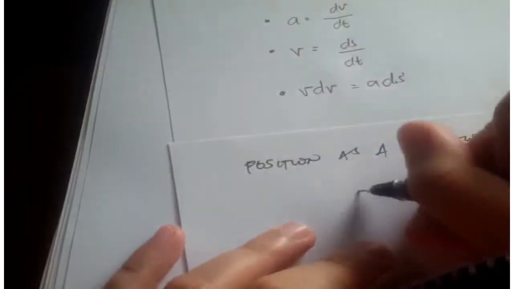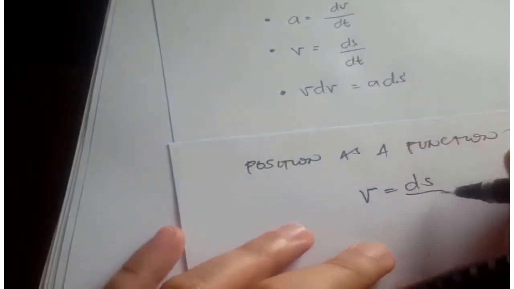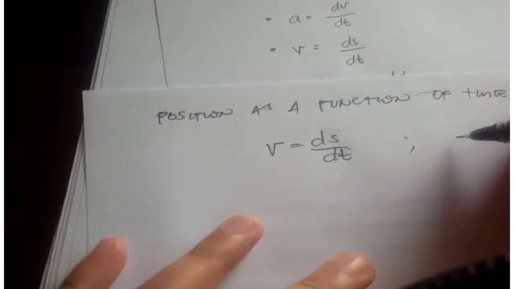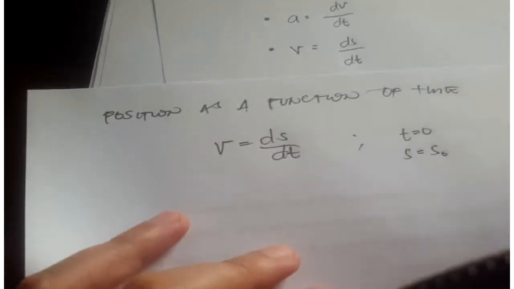So we have the main equation, v is equal to ds over dt. Let us assume that initially when time is equal to 0, our s is equal to s sub 0.